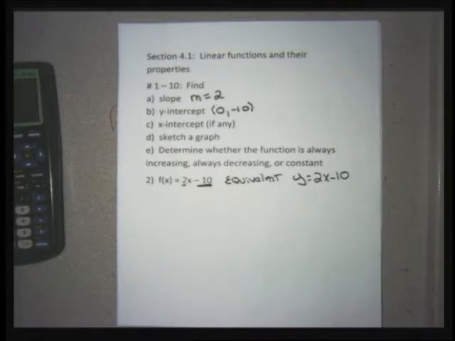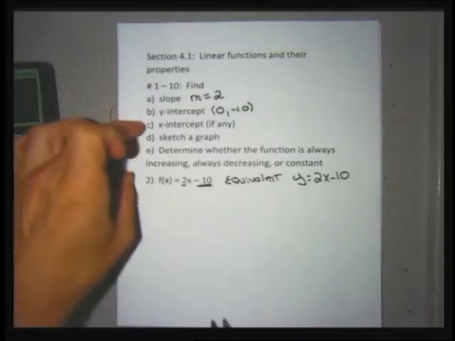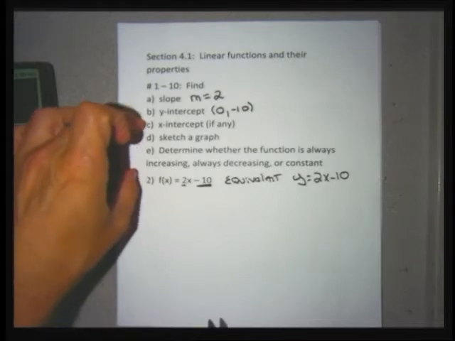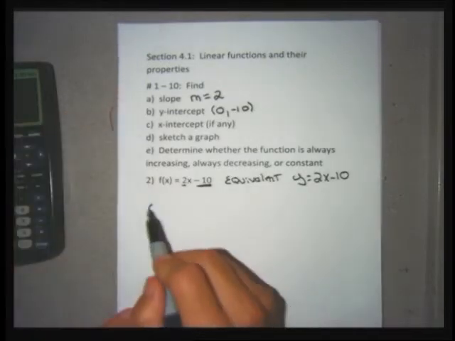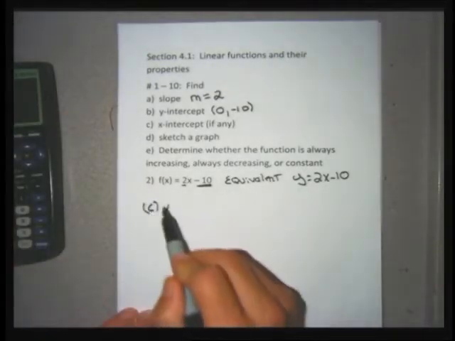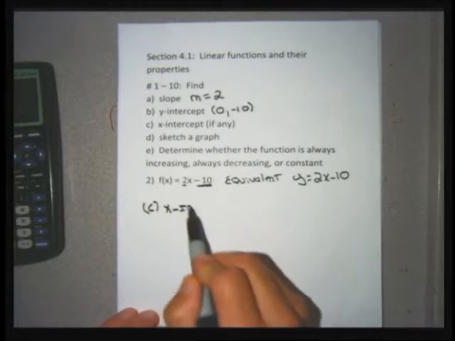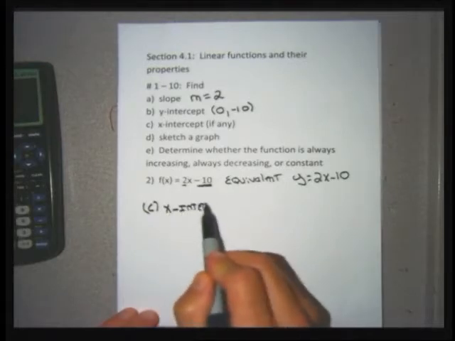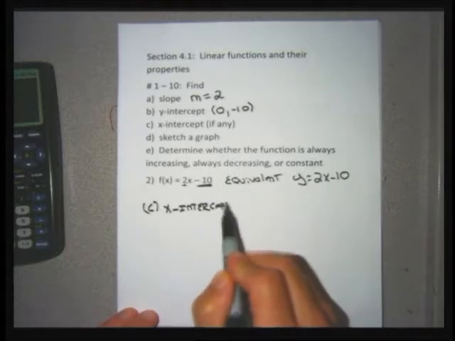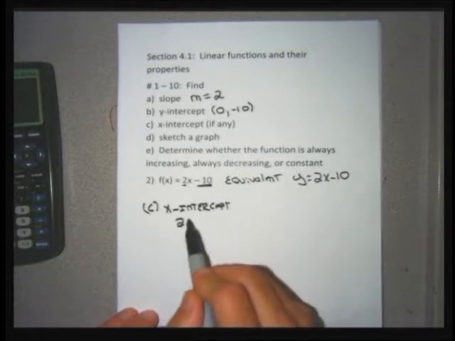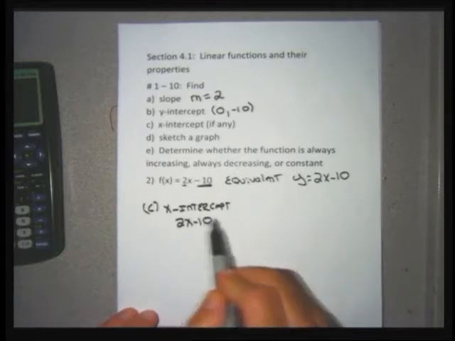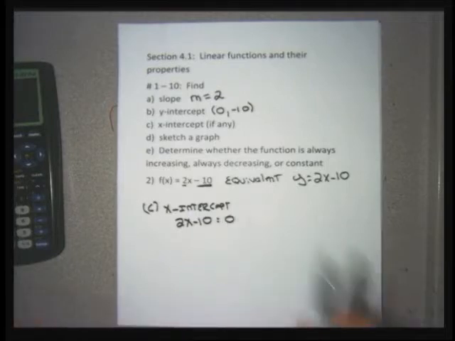Those two parts I'm able to do without any algebra. The next part, I'm going to be stuck using some algebra. To find the x-intercept in part C, I take the function itself and set it equal to 0. So I'm going to go 2x minus 10 equal to 0. Because there's not a square, I'm not going to factor.